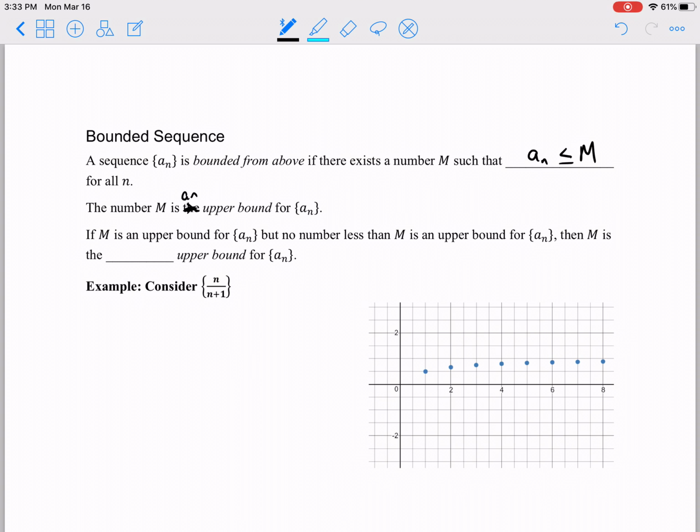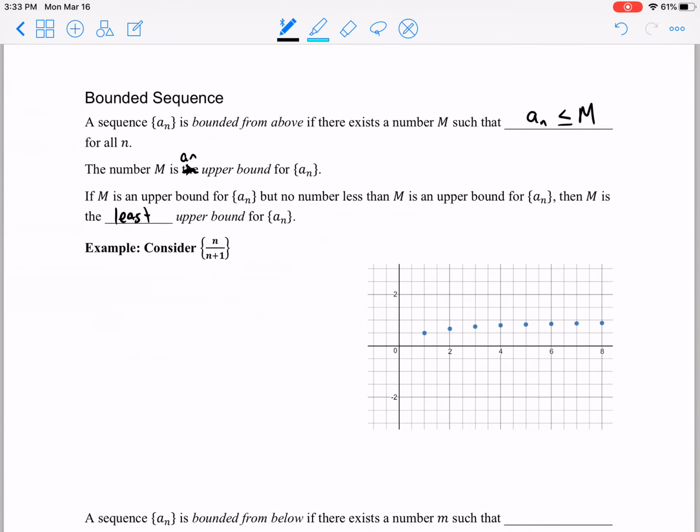But if it's the lowest upper bound, there's no upper bound that is greater than all the members of your sequence but also smaller than whatever upper bound you're looking at, then m is the least upper bound, and that's the one you're going to typically be most interested in.